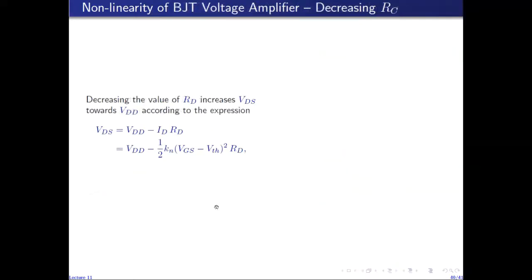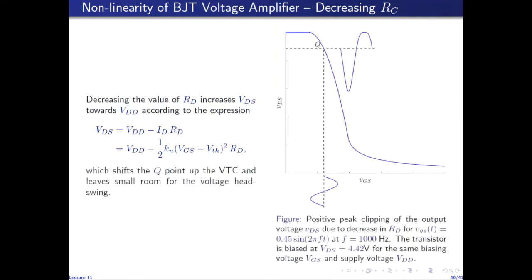On the other hand, if we decrease the value of RD, then the DC component of the output drain to source voltage increases, which in turn shifts the Q point up the voltage transfer characteristic, and hence leaves a small room for the swing of the output voltage in the positive direction.